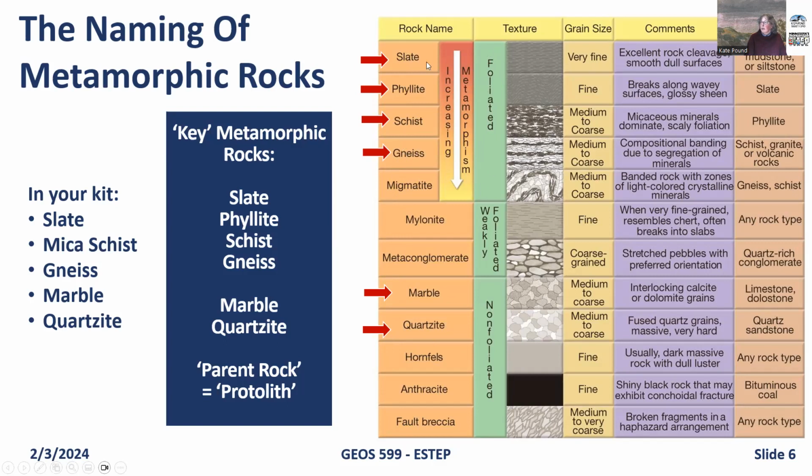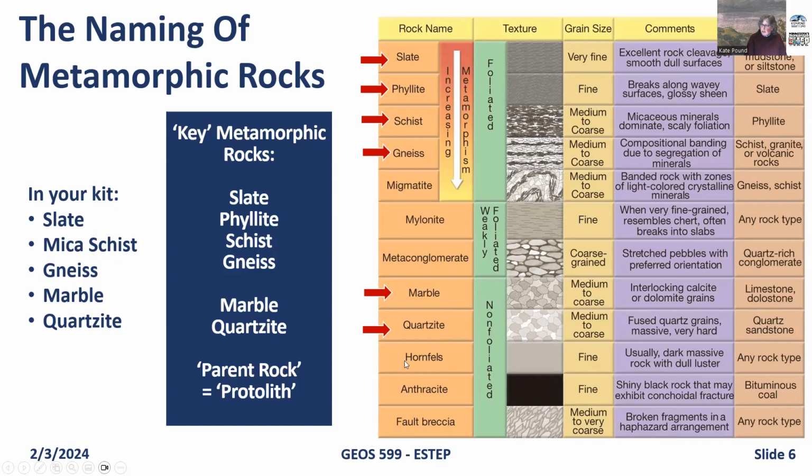So here you'll see, as we move over to the next column, which is the word texture, slate, phyllite, schist, and gneiss are all foliated. But then we get down here into non-foliated rocks. That includes marble and quartzite.